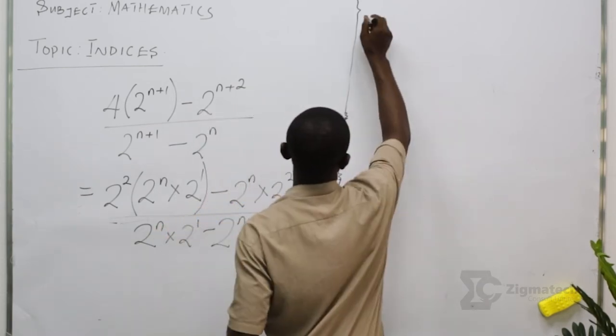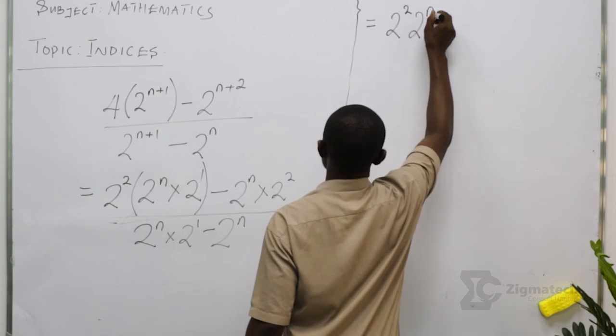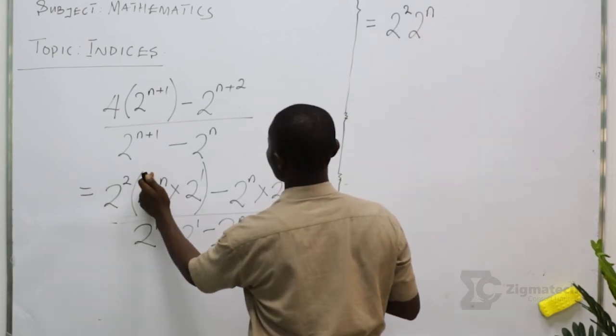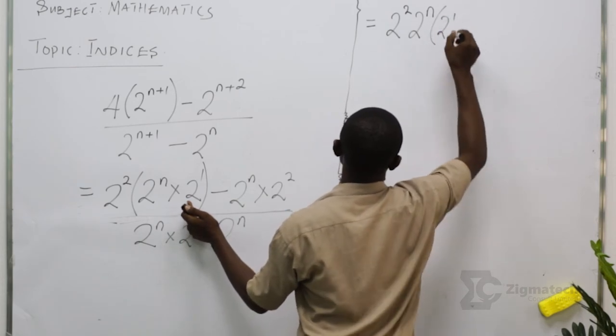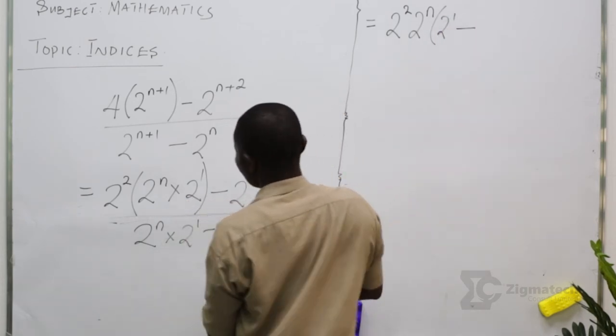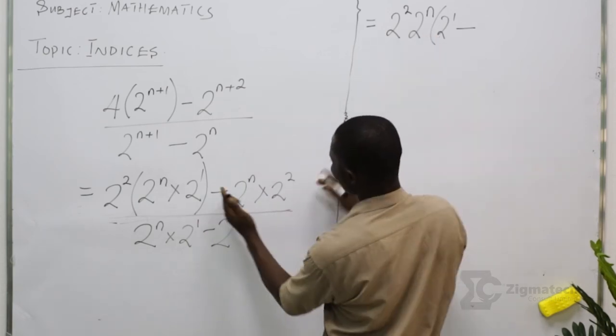So what do we have now? We have 2 raised to the power 2 into 2 raised to the power n. Look at it. I've chosen this. What is left here? 2 power 1. All right. Minus, I'm putting this operator, minus. Since I have 2 power n here, and I have 2 power 2 here too, nothing is remaining here.